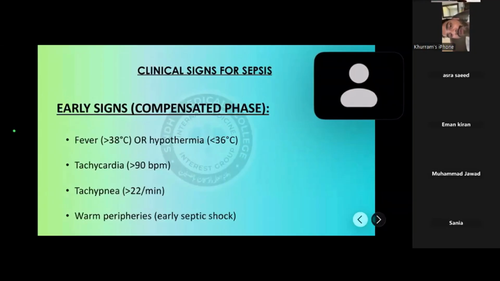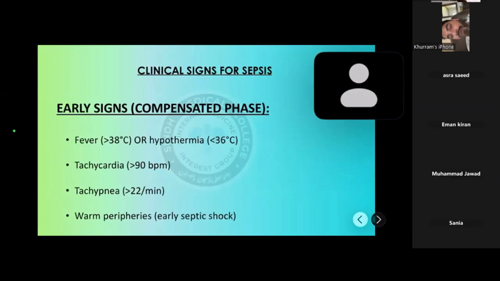The rest of the evaluation depends upon the vitals. You go for the pulse. If the pulse is tachycardic, greater than 90 beats per minute, this again checks a box moving towards the patient having sepsis. Then tachypnea is also a sign of developing sepsis.